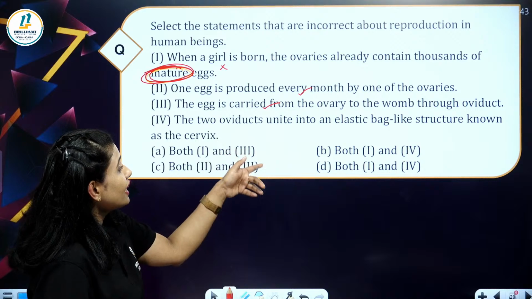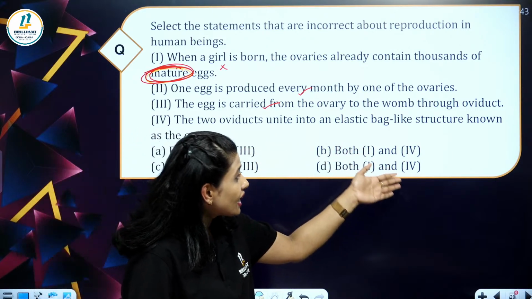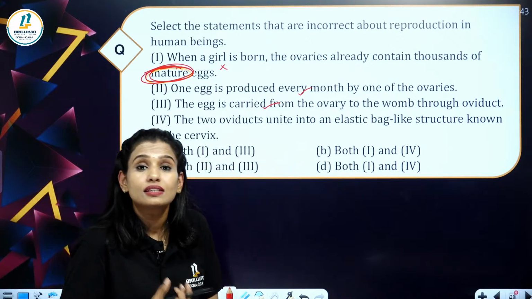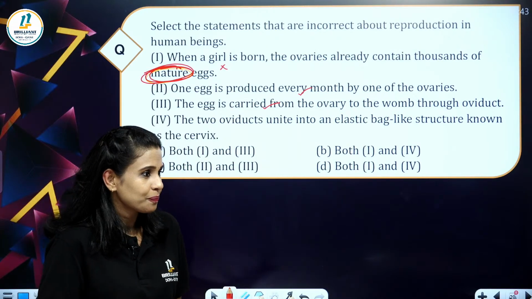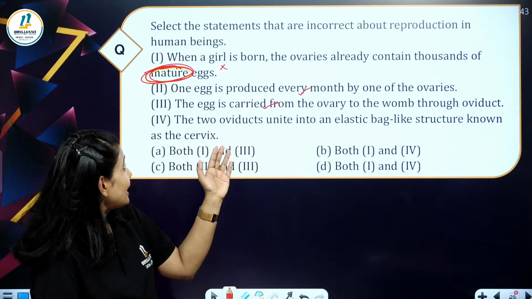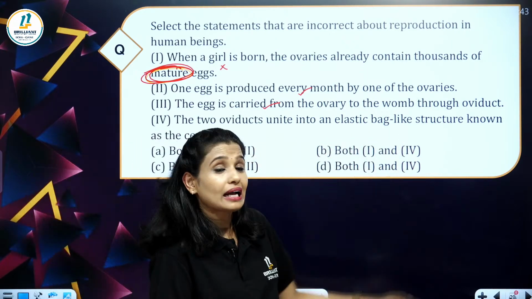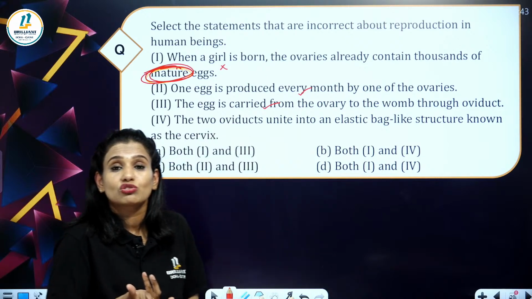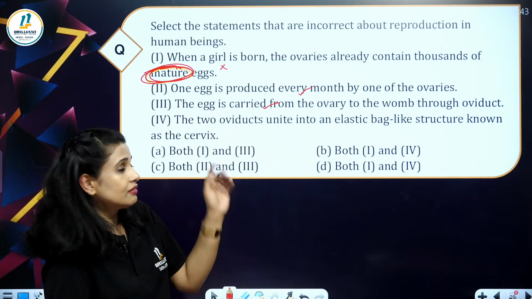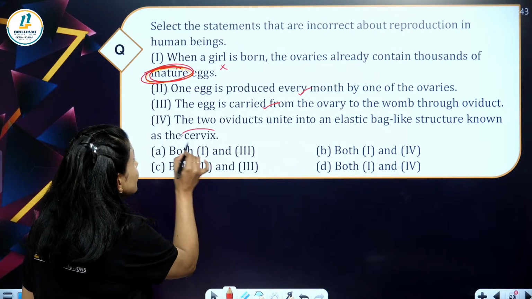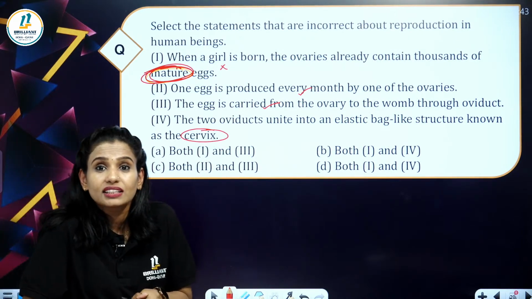The two oviducts unite into a bag-like structure known as cervix. Is that correct? No. It is uterus. It is not cervix.